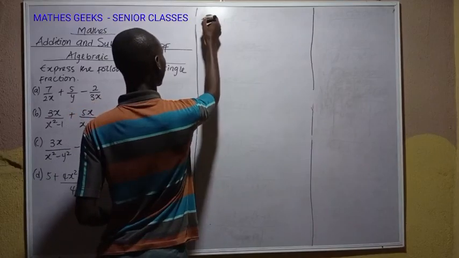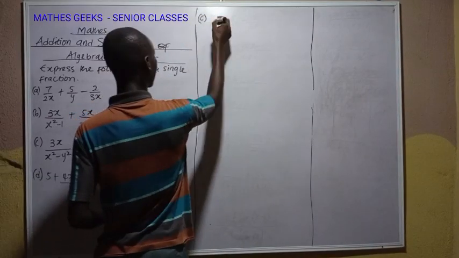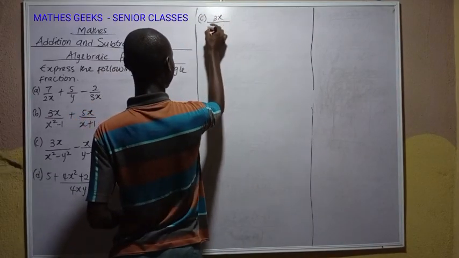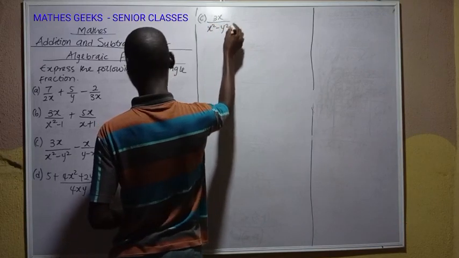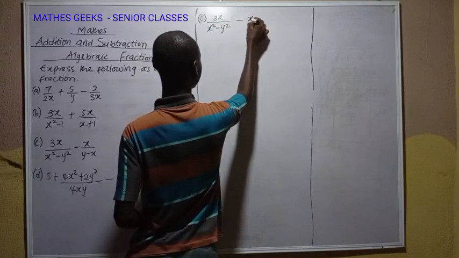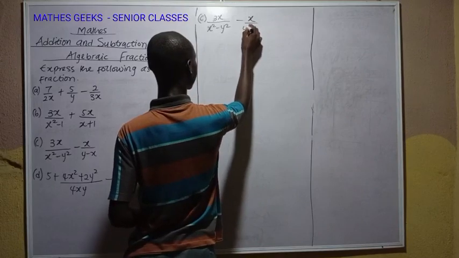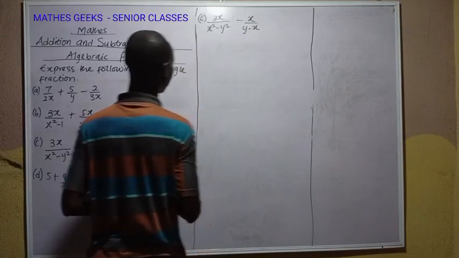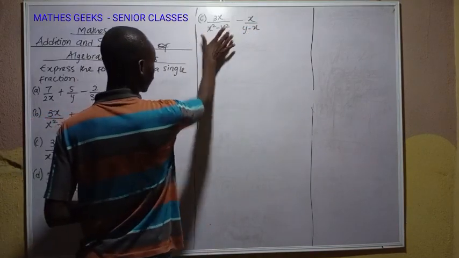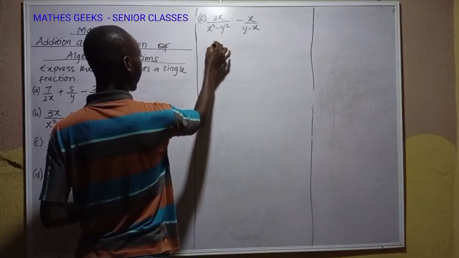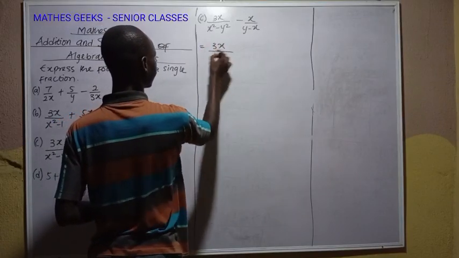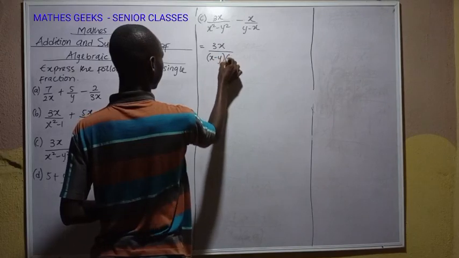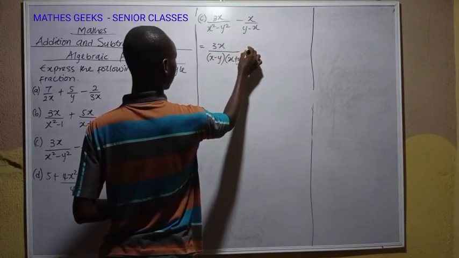Let's see. This is a difference of two squares, so we put it here: x squared minus y squared equals x minus y and x plus y.